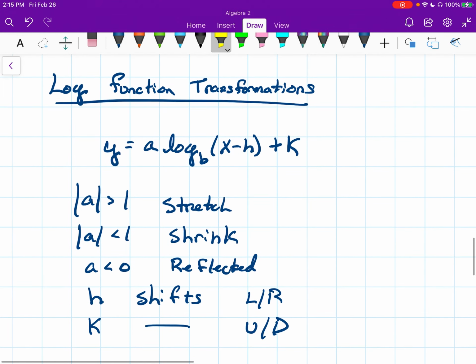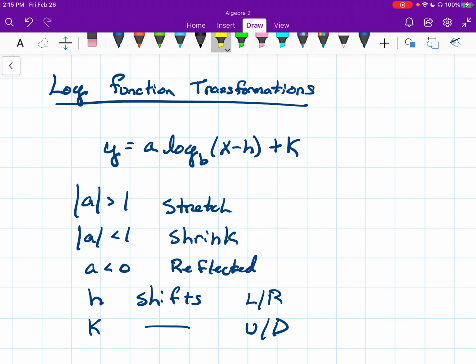Moving on. Logarithmic function transformations. So we have that general form, y equals log base b of x, that we've been messing with. But if we want to think more about changes to that function, the way that it changes whenever it is graphed, we can think about that. Starting off, the a that's hanging out in front of the log decides how much it's stretched or shrunk.